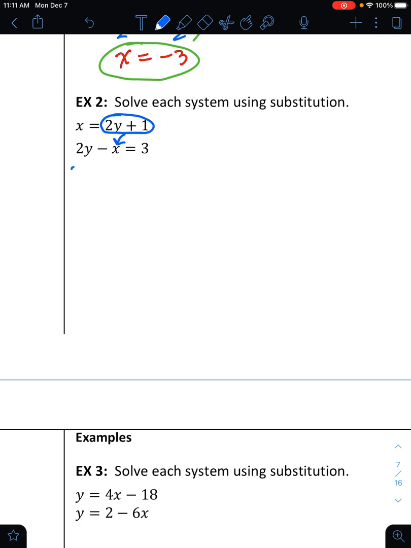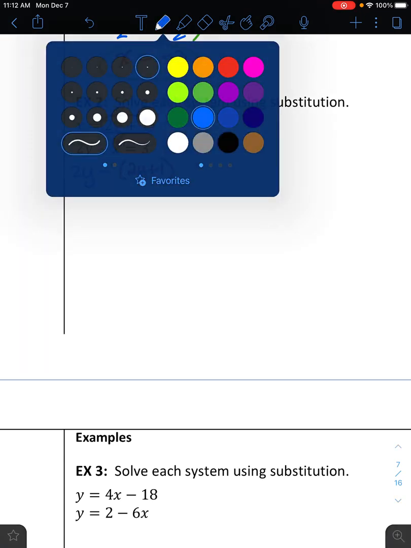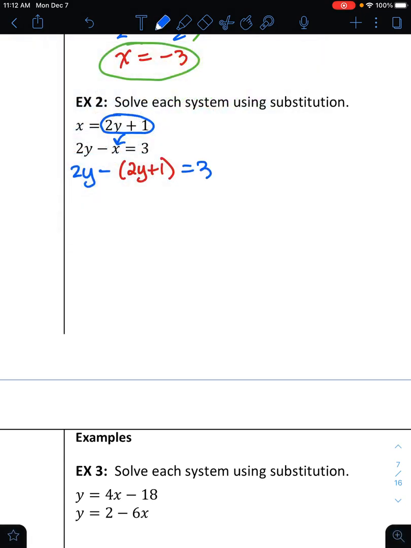All right, so I've got 2y minus, plug in what you're plugging in for x, 2y plus 1, and then the rest of the equation says equals 3. Okay, so I still have 2y minus x, it's just I plugged in what the value of x was.